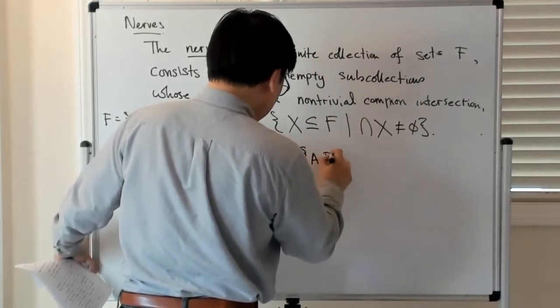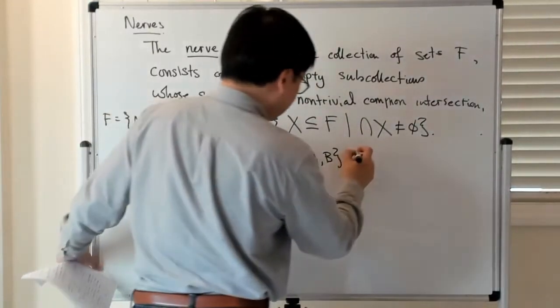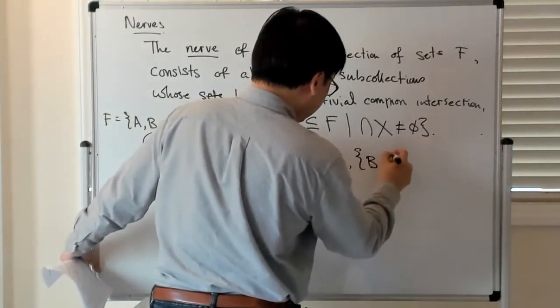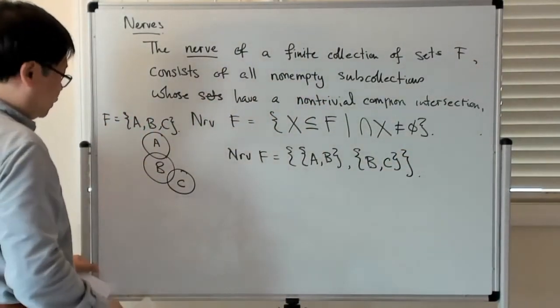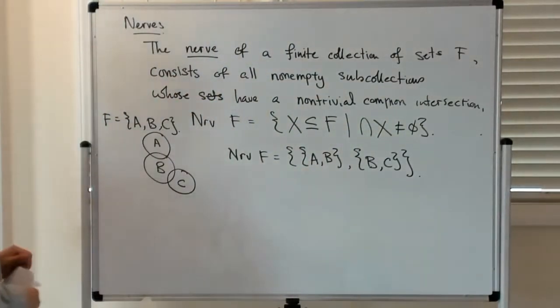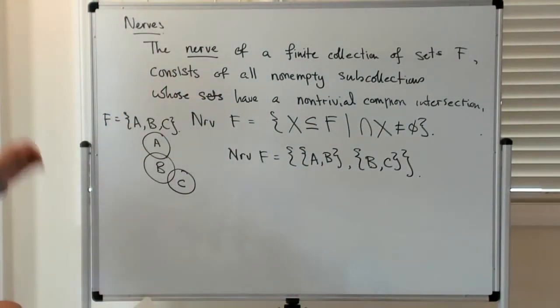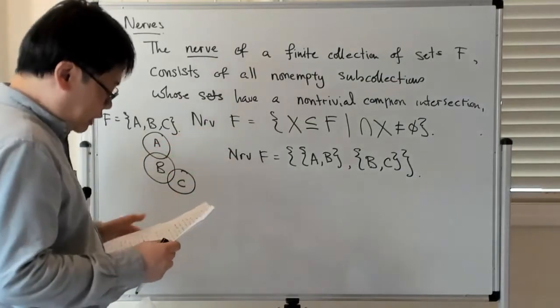A, B. And then B and C have a non-trivial intersection, so B and C are in there as well. And these are the only things with non-trivial intersections. So the nerve of F would just be this collection of sets of sets, if you will. Hopefully that gives you an idea of what's going on here.